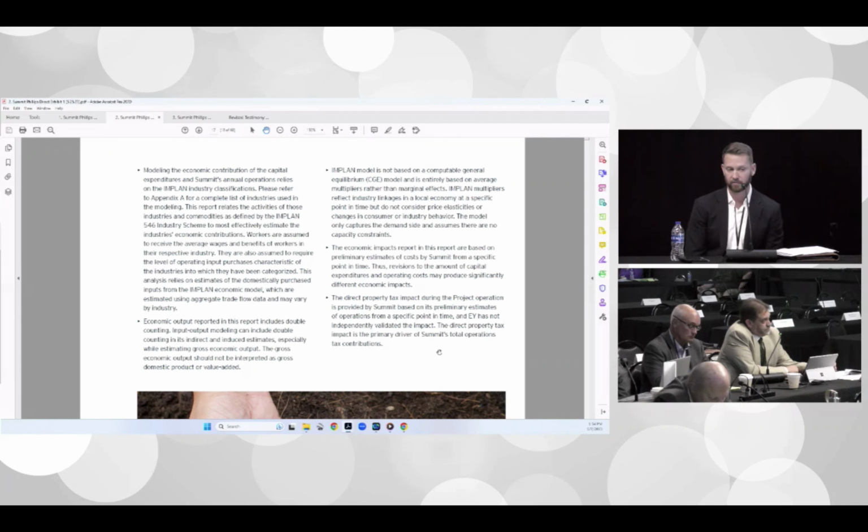As to the level of confidence in terms of the actual property tax impact, it's probably plus or minus 10%. Hard to say.